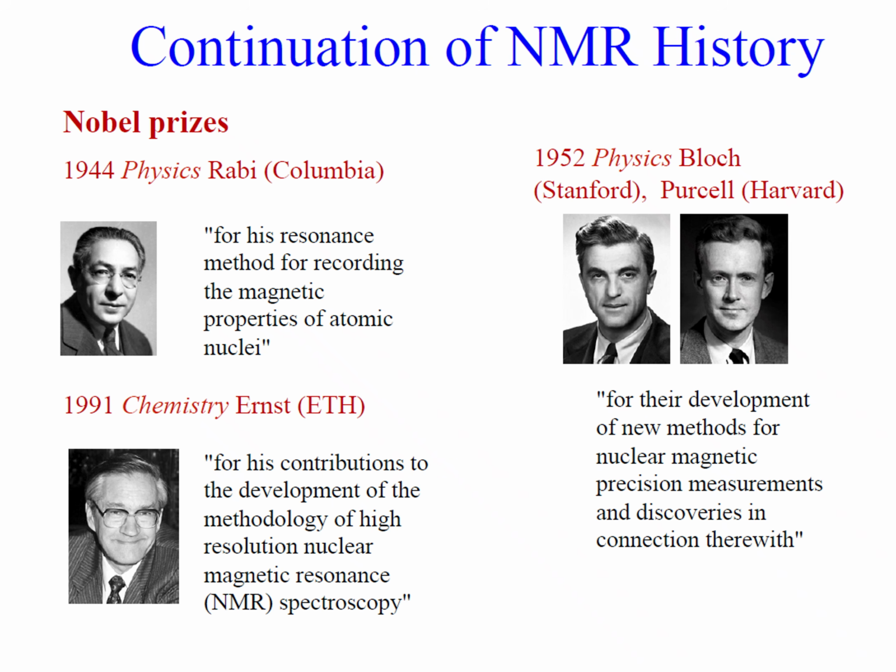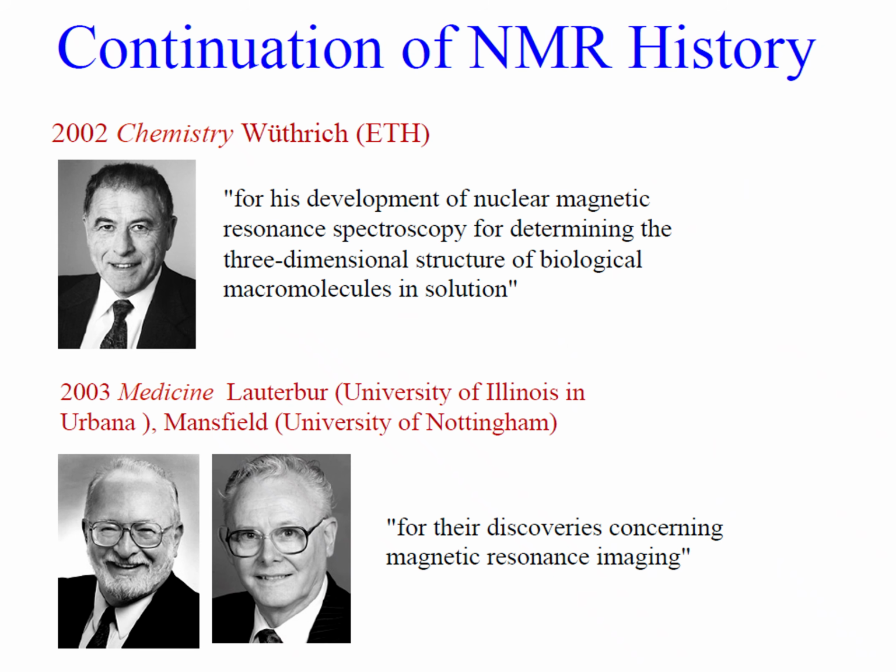Then in 1952, Bloch and Purcell. Then in 1991, another Nobel Prize was earned. Then in 2002, Wüthrich won the Nobel Prize. In 2003, in medicine, Lauterbur and Mansfield achieved the Nobel Prize.